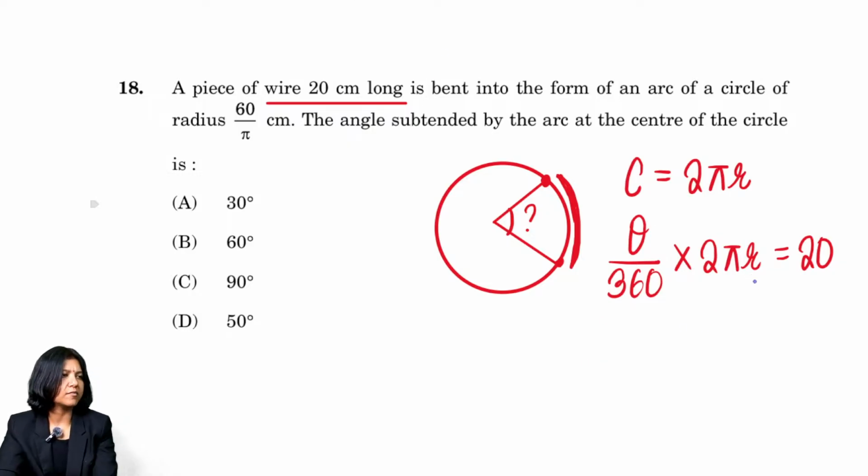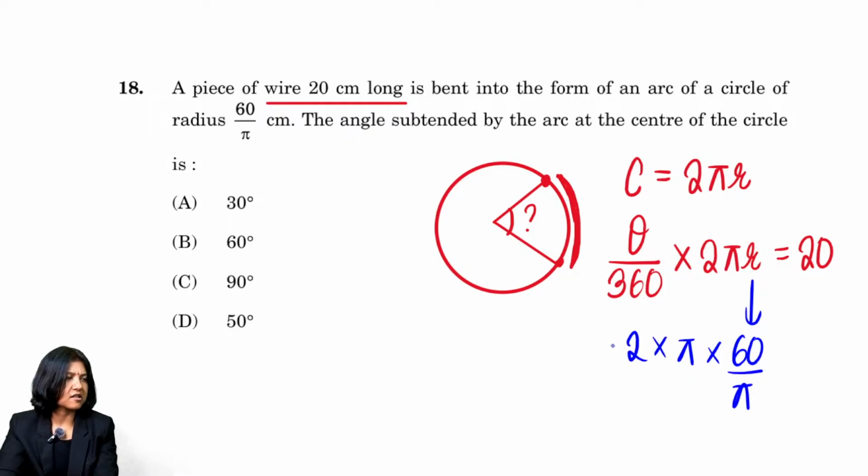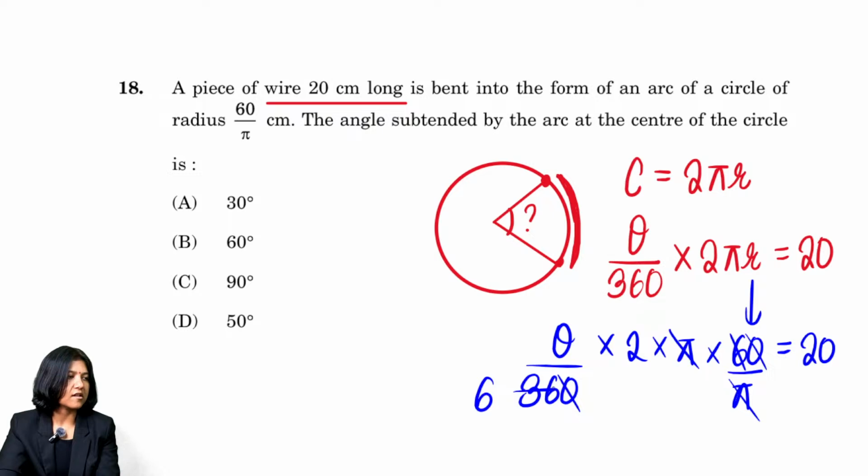They have given me the radius as 60 upon pi. So let's swap r as 60 upon pi here, and we have a pi at the top, that 2 as it is, and theta is missing. So let's calculate things quickly. Pi and pi cancel out, 0 and 0 cancel out, 6 into 6 is 36. I have one more pair to cancel out, 2 times 3 is 6.